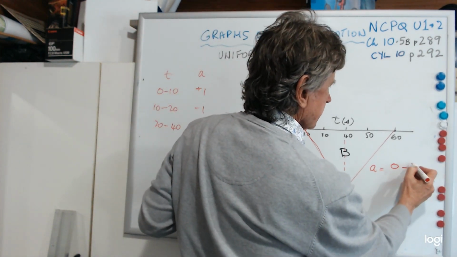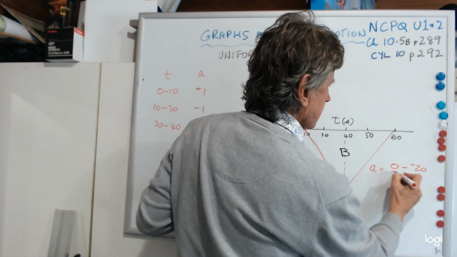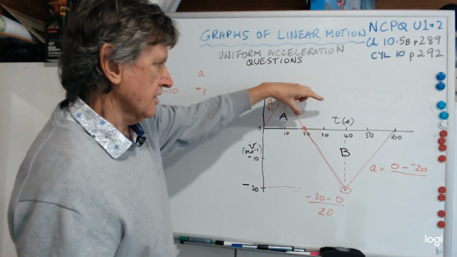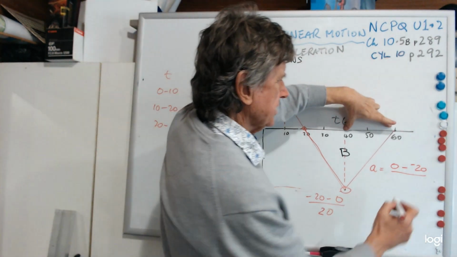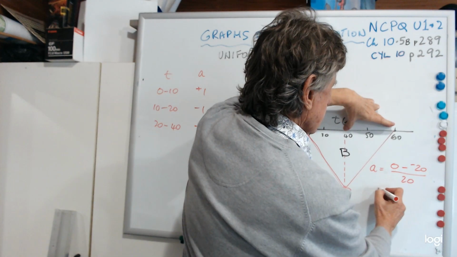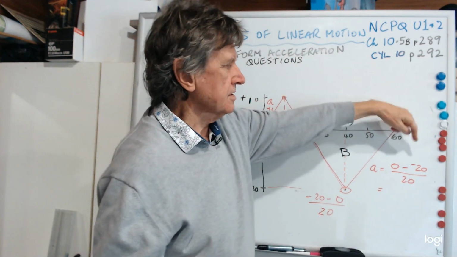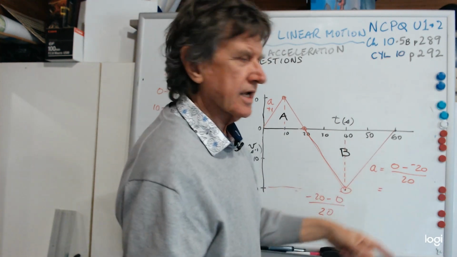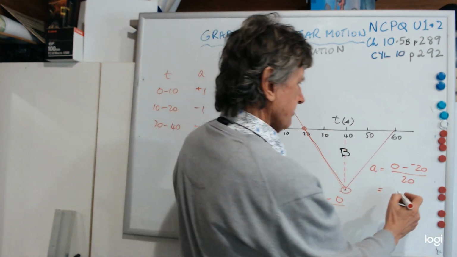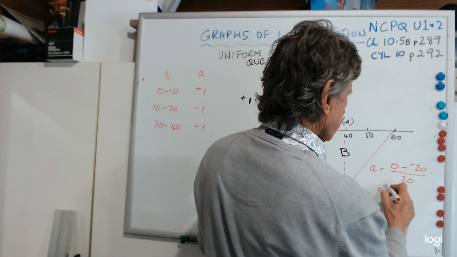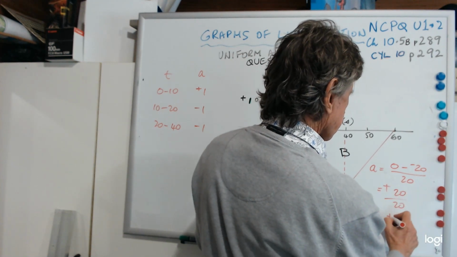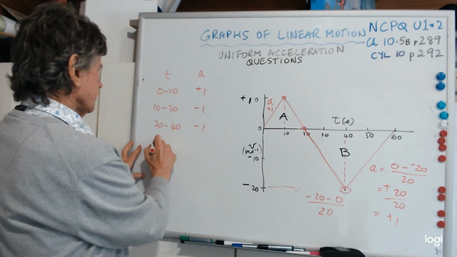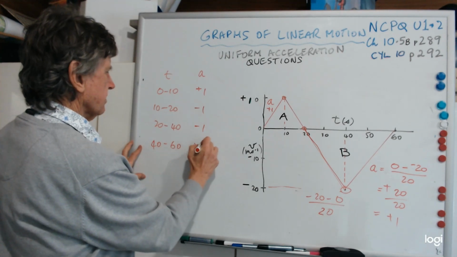So that's minus 20 over the time. That part took 20 seconds. Now you know, you subtract a negative, it's like adding a positive, that comes to 20, so it's plus 20 on 20 equals plus 1. And so this is 40 to 60, it's plus 1.